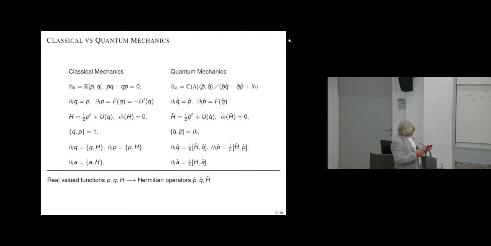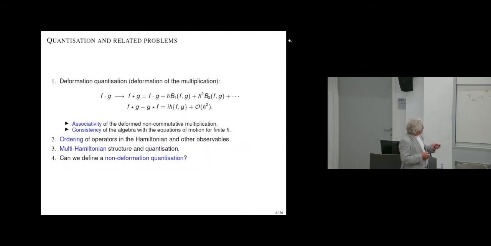So in a sense, at that moment, the idea of quantization was born: to replace commutative elements by non-commutative ones, such that in the limit we get iħ multiplied by the Poisson bracket, which may give higher corrections in ħ.